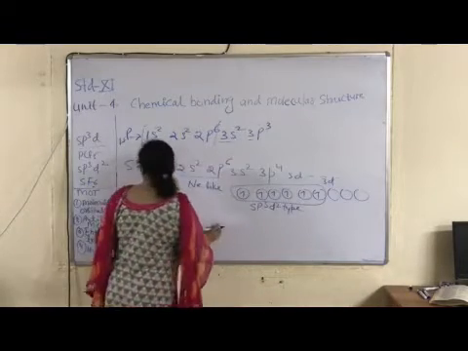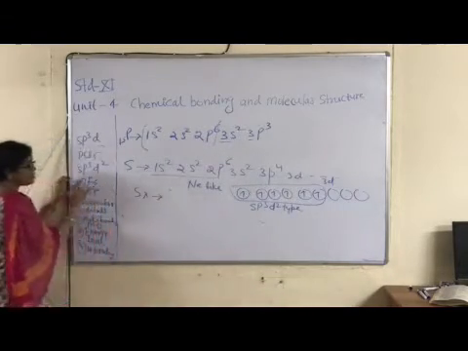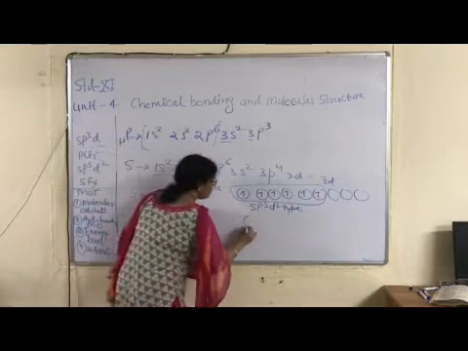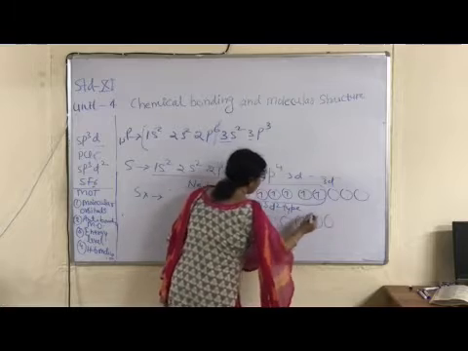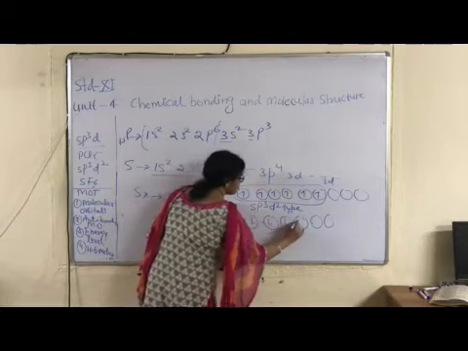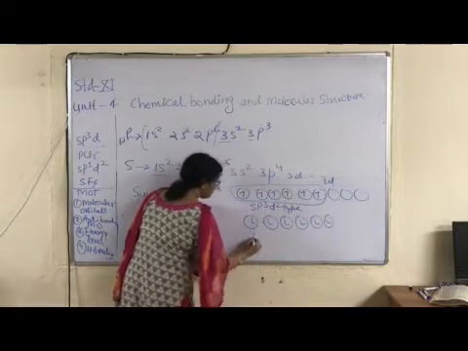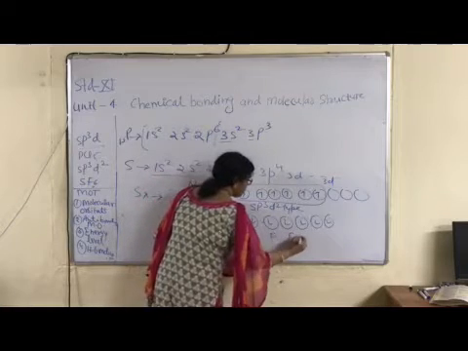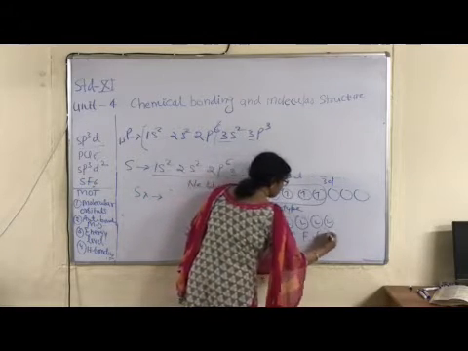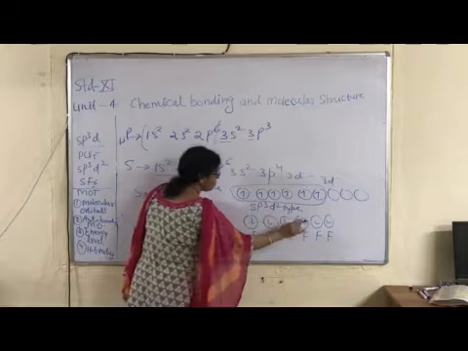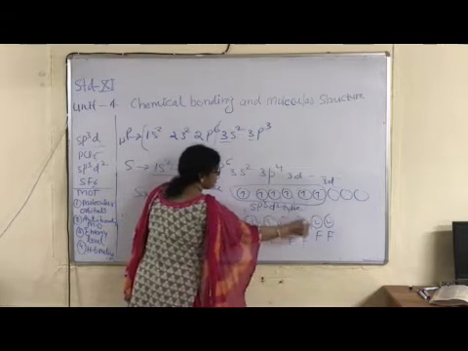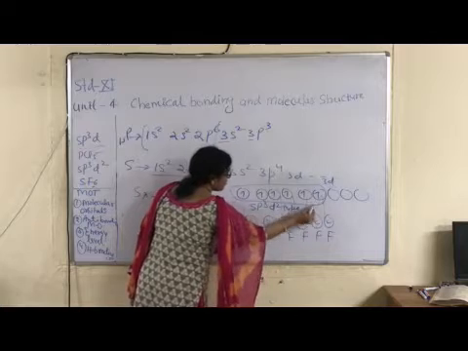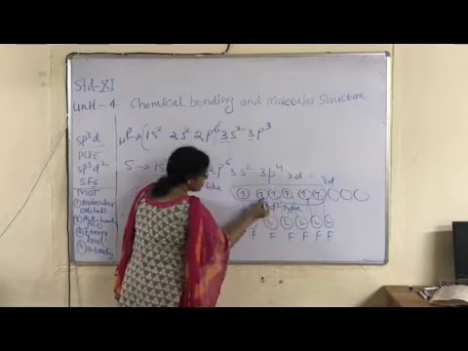Next step, overlapping. 6 fluorine atoms are present here: 1, 2, 3, 4, 5 and 6, with opposite spin, like this, each one of fluorine. Overlapping like this. Okay? This with this one, this one, this one.